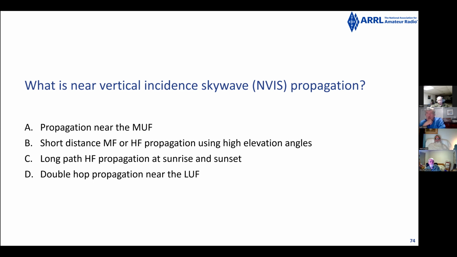B. Yes, that's right. It's B, bravo. It uses short distance propagation with high elevation angles, and at a low enough frequency that high angle radiation is refracted back to Earth.